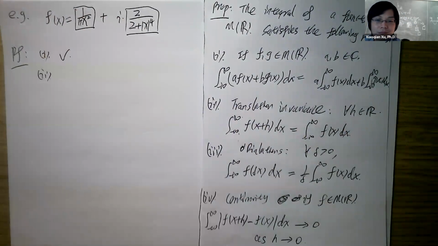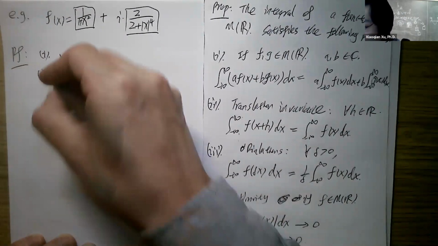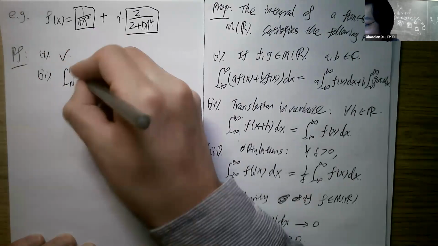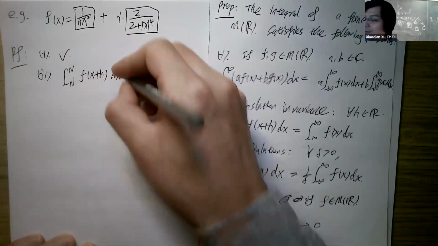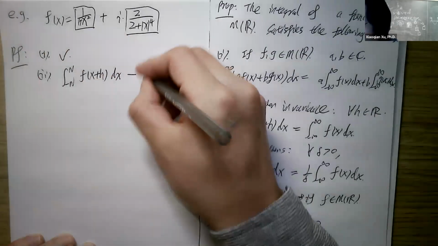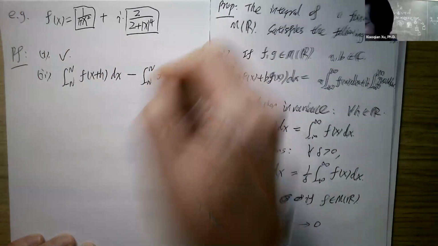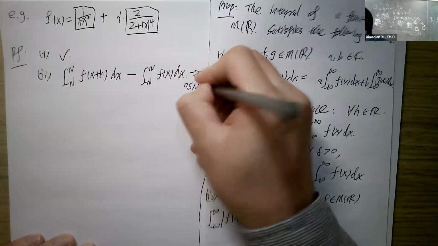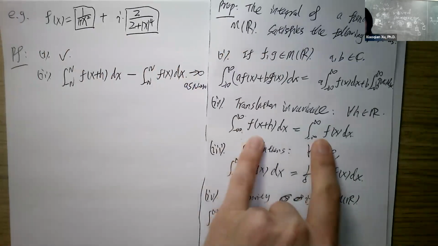For 2, you want to show that the integral from minus n to n of f(x plus h) dx minus the integral from minus n to n of f(x) dx tends to 0 as n goes to infinity, right? You want to show this equals to this.